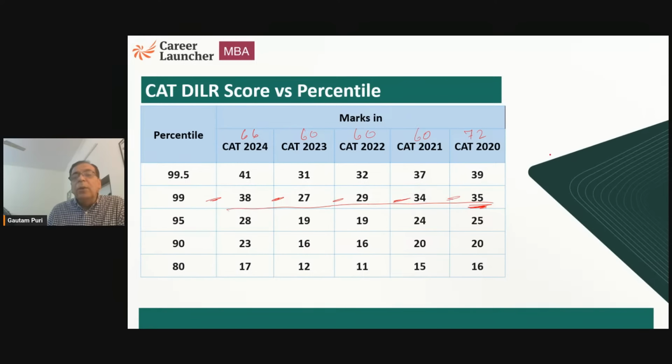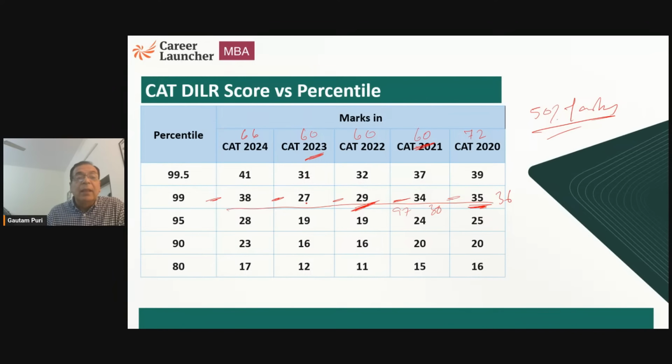So if you are able to get roughly 50% marks, you will be somewhere around 99 percentile. What is 50% in CAT 2020? It was 36 marks. 30 marks would have been 99 percentile in 2020. So 30 marks would be somewhere around 97 percentile. In CAT 2022, 30 marks would have been 99 percentile.